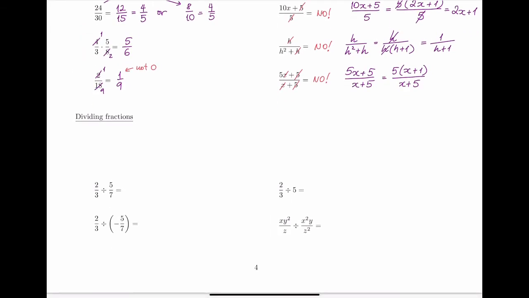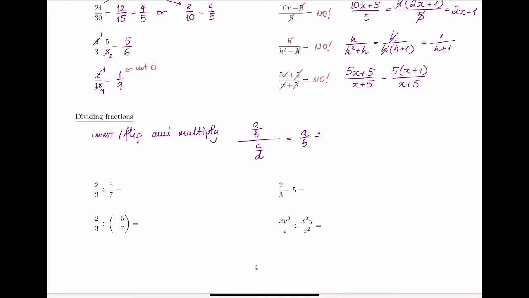Dividing fractions is the next simplest operation, and this involves what we call invert, or some people say flip, and multiply. So in order to perform division, let's say I start with a fraction a over b, and I divide by a fraction c over d. I leave the top fraction alone, and I will flip the bottom fraction and then multiply across.